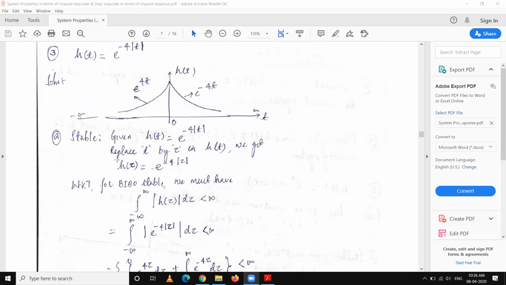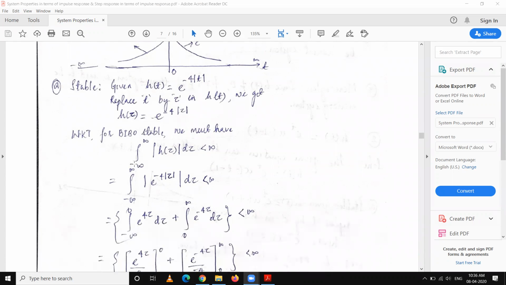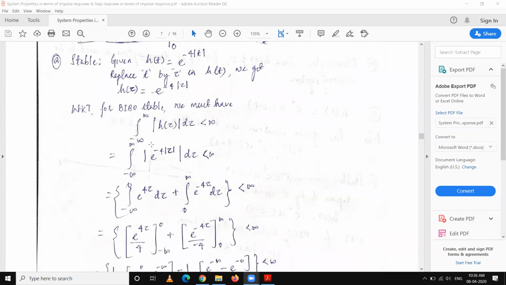The first step is to replace t by tau in h of t. So we get h of tau is equal to e raised to minus 4 mod tau. According to the formula of stability, the integration from minus infinity to plus infinity of mod of h of tau d tau should be less than infinity.